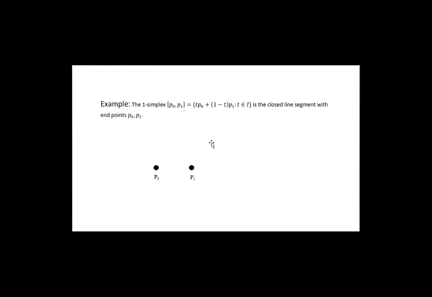This is because the condition is that the t's should be greater than or equal to 0, since we are dealing with the convex combination. So it is just a matter of recalling the convex combination definition again. So you will end up with this type of line. This is the example of a one simplex generated by p0, p1, and they are affine independent if they are not equal. We have taken p0 not equal to p1, so they are obviously affine independent.